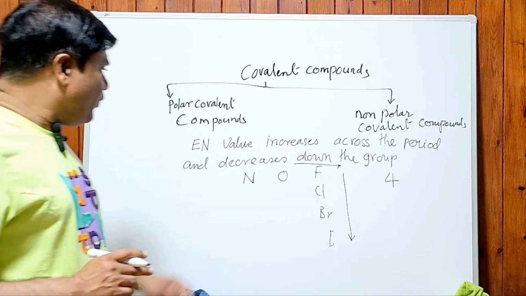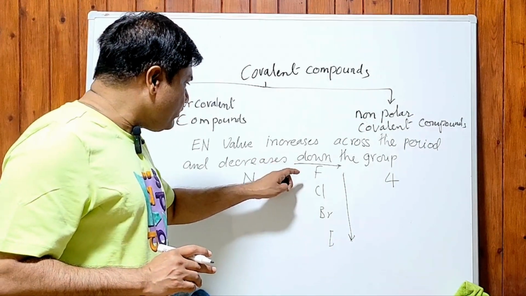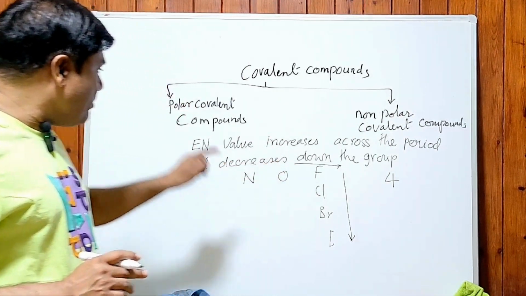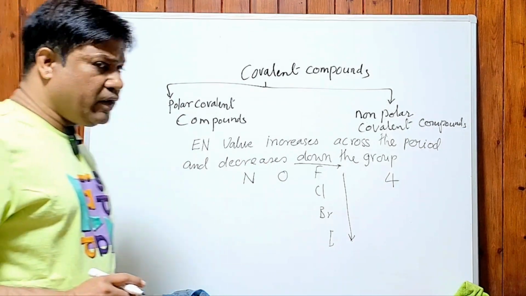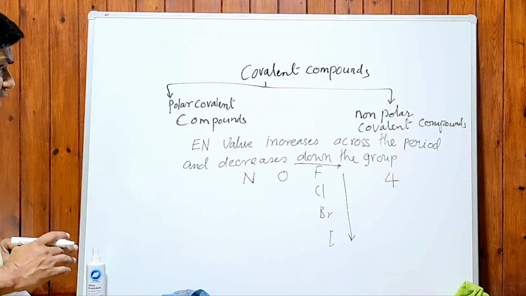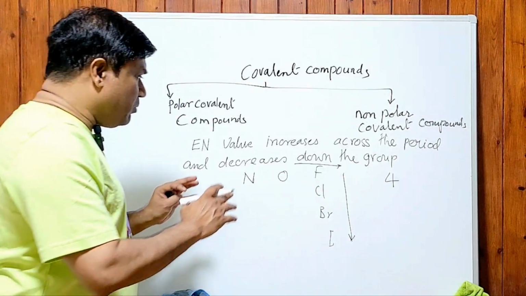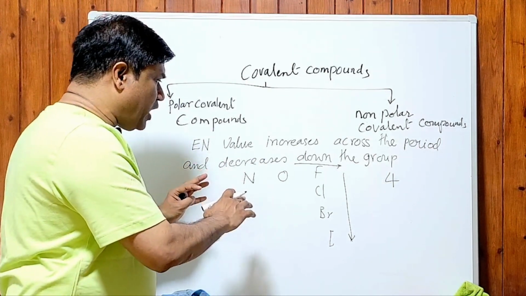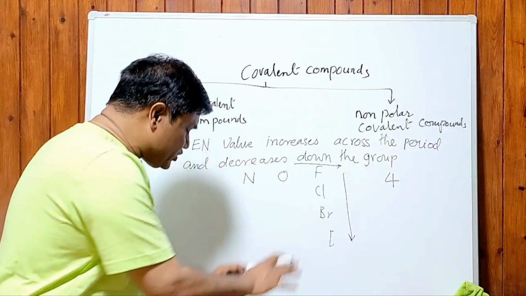The phenomenon of electronegativity makes the molecule polar. If there is a difference in electronegativity, then the molecule or compound has a partial positive charge and a partial negative charge.